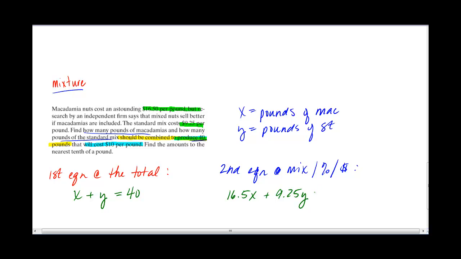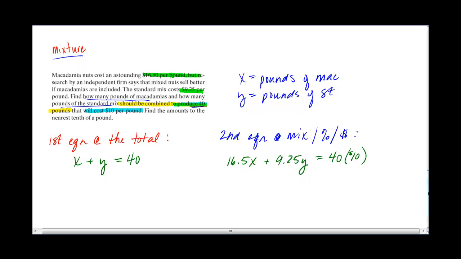And I know that I want this to be equal to the 40 pounds at $10 a pound. Okay, because that's how much I'm actually producing for the whole thing. So I have the dollar amount per the macadamia pounds, the dollar amount of the standards per the pounds of the standard, gives me the total pounds and how much I want the total mixture to cost.